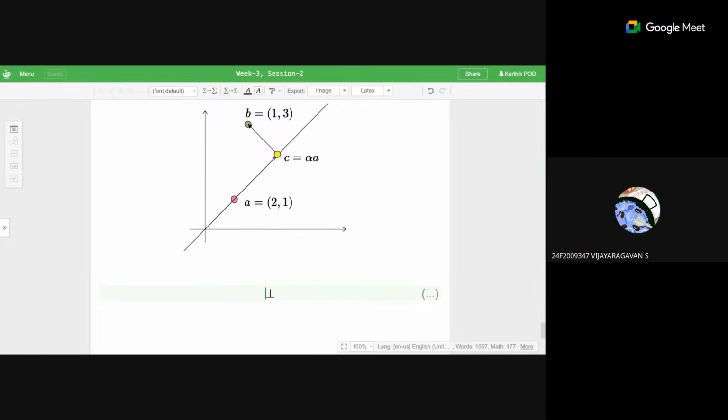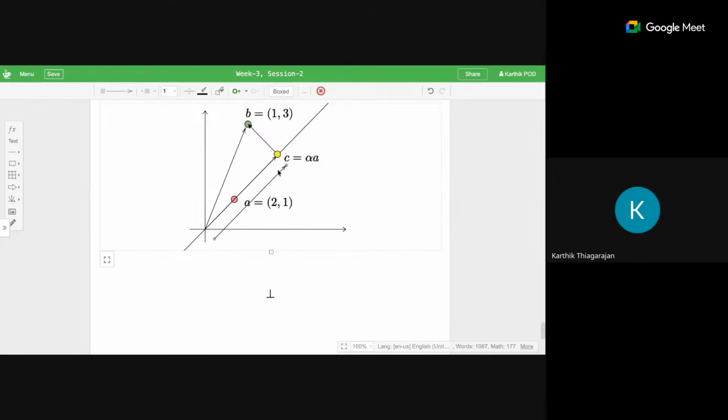B is this vector, that is b. This is c. And A is this one. These are the 3 vectors. So now can you tell me, based on what you observe, what is perpendicular to what?